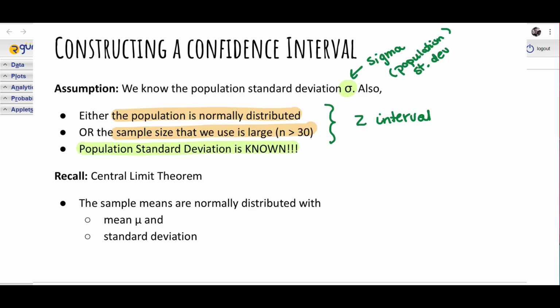So whether or not the population has a normal distribution, the sample means will make a normal distribution.